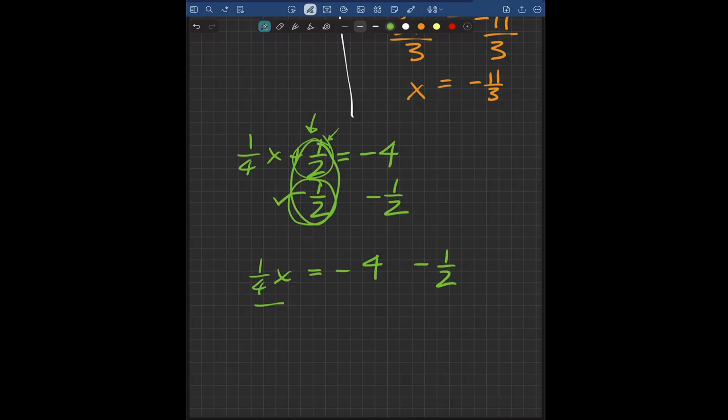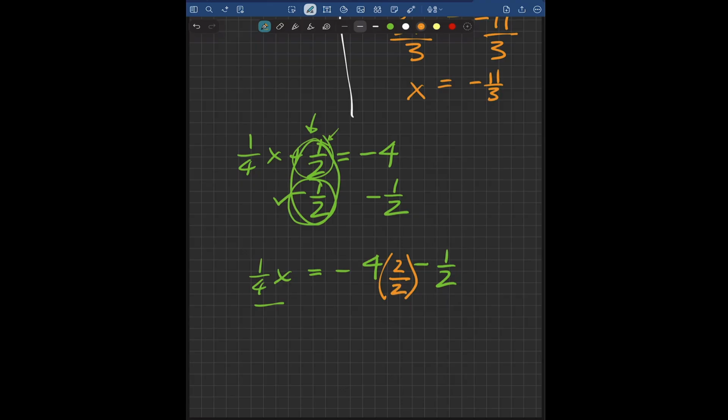Now, because 1/2 is a fraction, excuse me, I need to have common denominators when I add or subtract fractions. So to change the number 4, I'm not actually changing the number 4. I'm only changing what it looks like. To alter its appearance so that it has a denominator, I'm going to multiply it times the number 1.